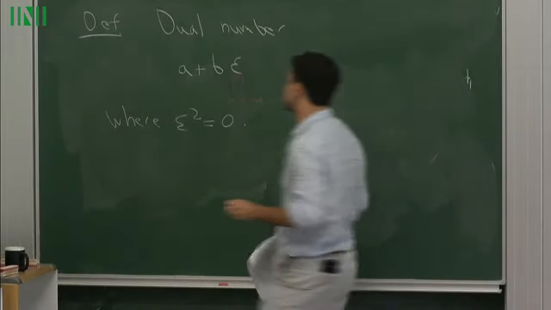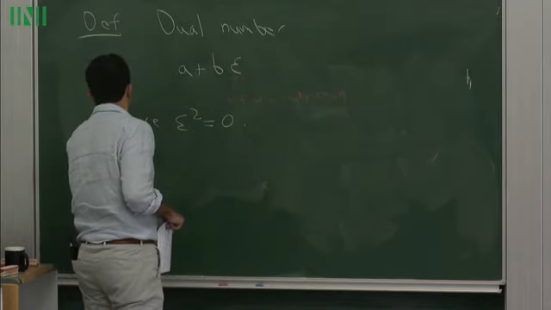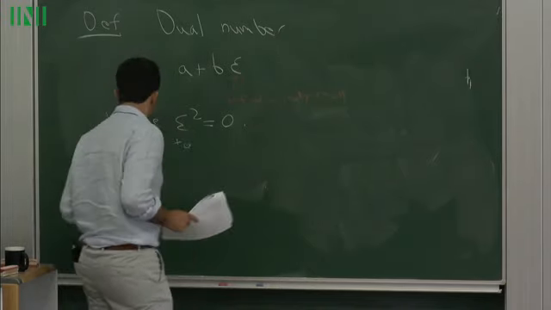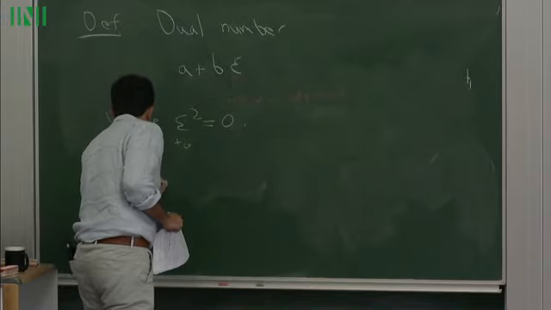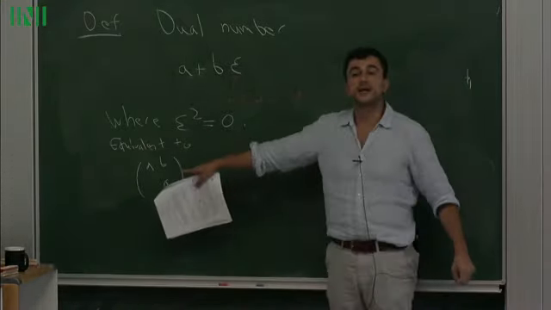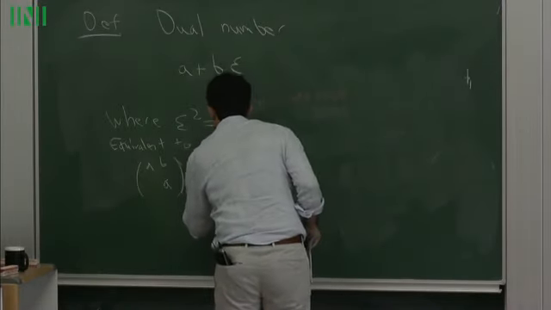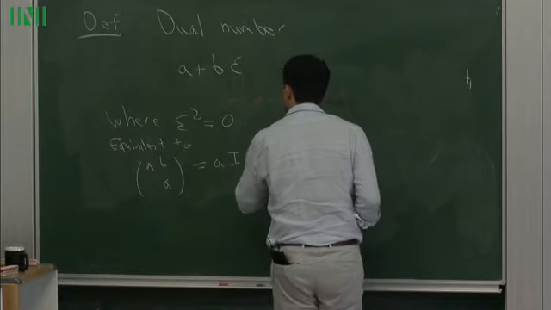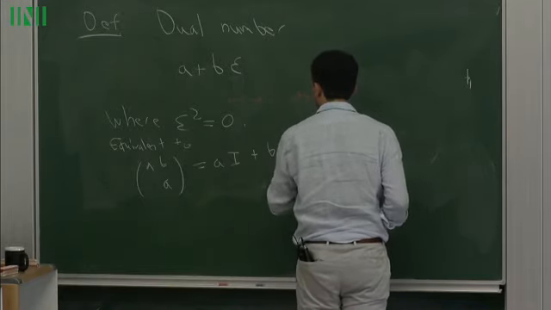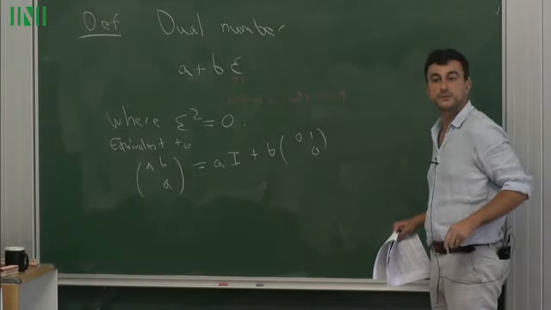So this is equivalent to thinking of it as this matrix, because if we think of this as A times identity plus B times the matrix 0 1 0 0, if this is epsilon, this squared is equal to 0.